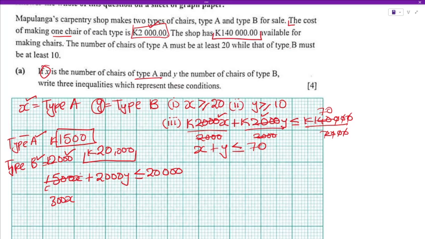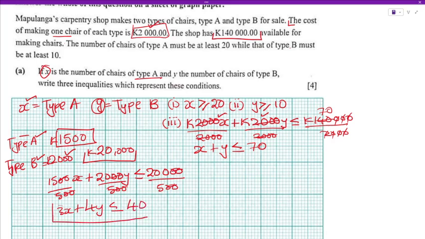Actually, that's 1.5, not 15,000, 1.5 thousand. We can reduce with 500, even here by 500, and there by 500, so the zeros cancel. 5 into 15, that is 3x, plus, the zeros cancel, 5 into 20, that is 4y, less than or equal to, the zeros cancel, 5 into 20, that is 4, so it will be 40.